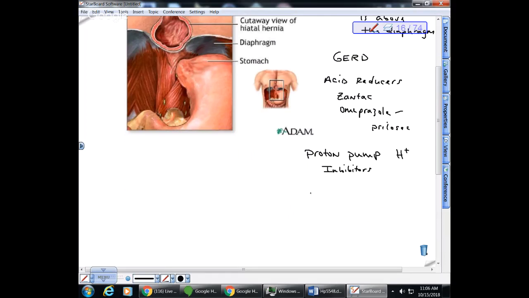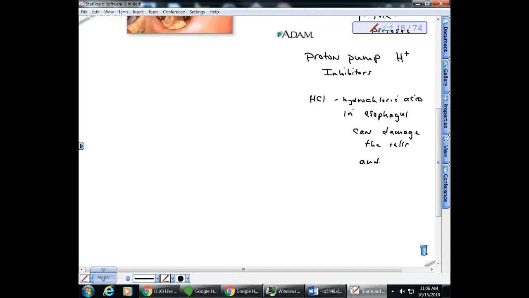So the hydrochloric acid in the esophagus can damage the cells and lead to esophageal cancer.